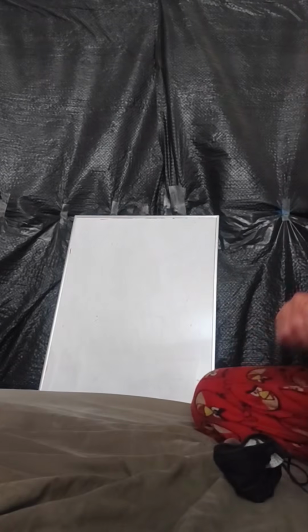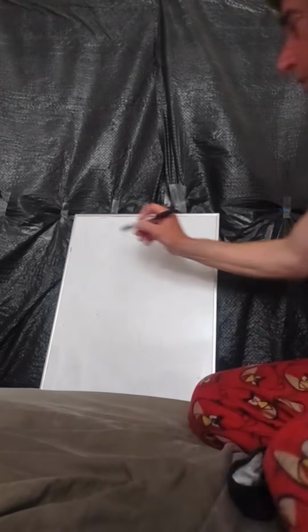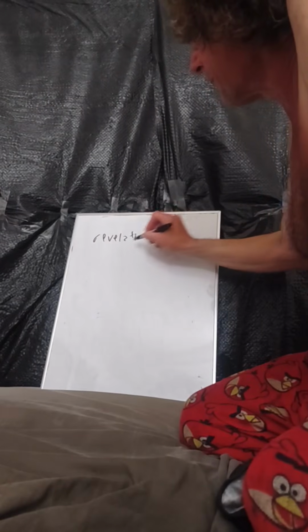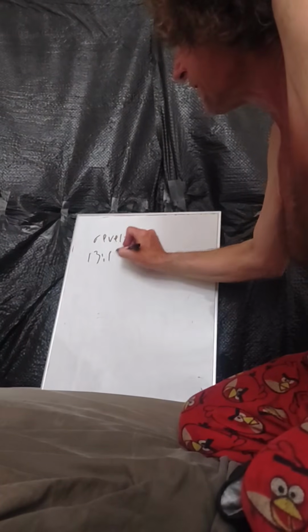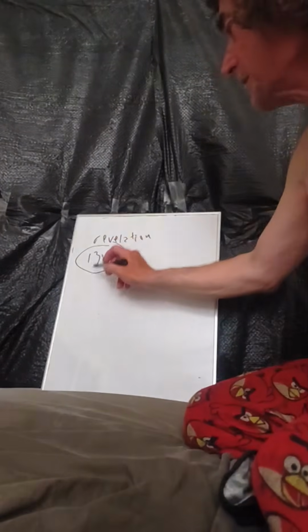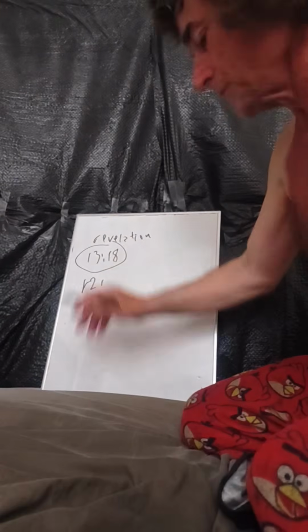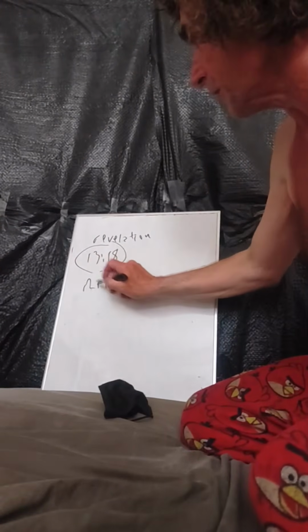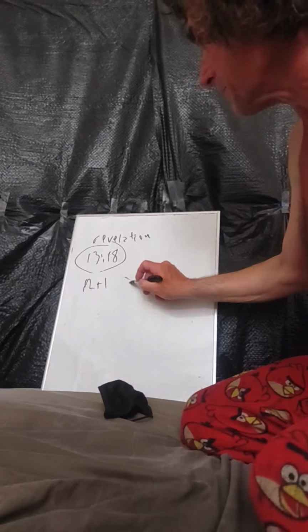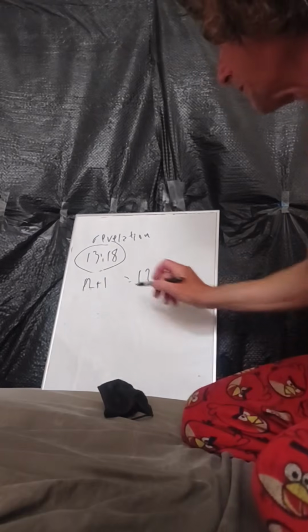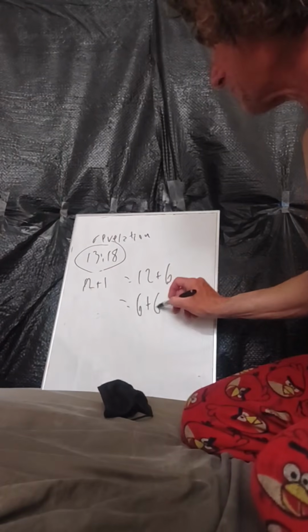Bible stuff again. Let's recap. So remember Revelation 13:18. This is the verse that mentions 666. 13 can be 12 plus 1, and 18 can be 12 plus 6, or it could be 6 plus 6 plus 6.